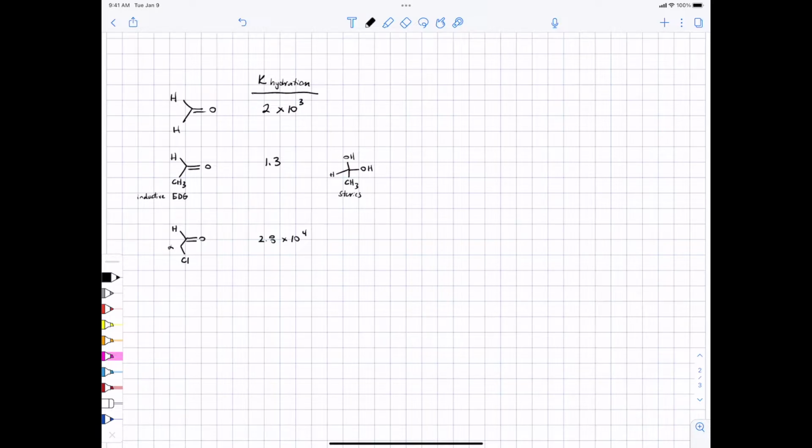If we go to, let's say, the full ketone and compare that to the aldehyde, it's 2 times 10 to the minus 3. So the ketone is 1,000 times less reactive than the aldehyde. And we don't often think about that because when we're learning about carbonyl chemistry, we deal with aldehydes and ketones interchangeably, but there is a fairly dramatic difference in reactivity.